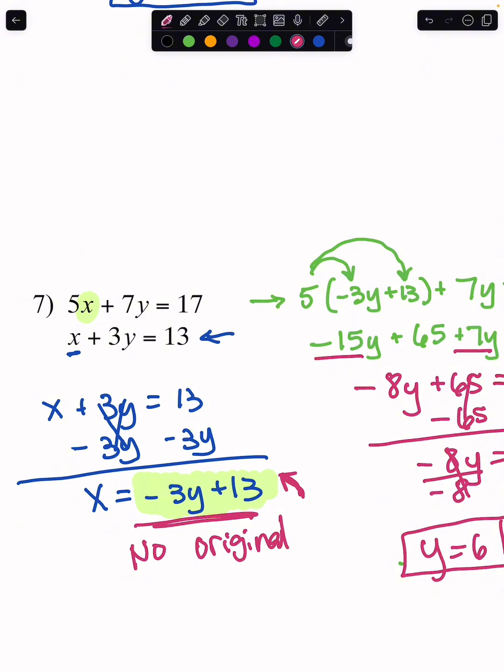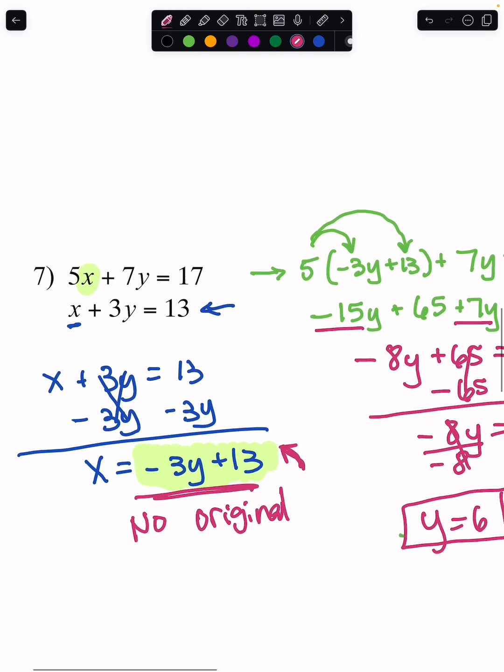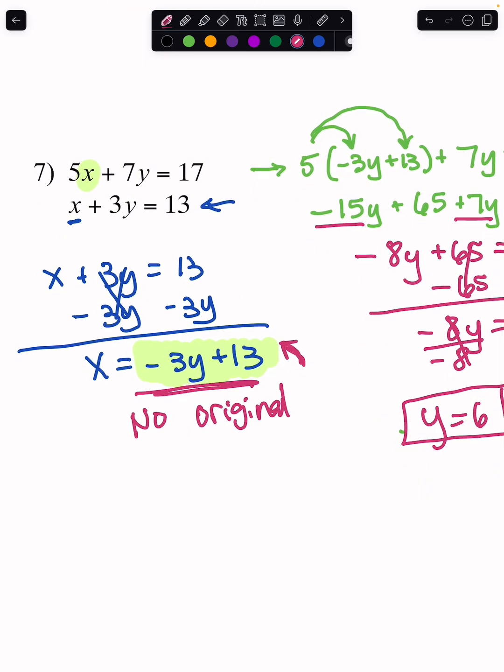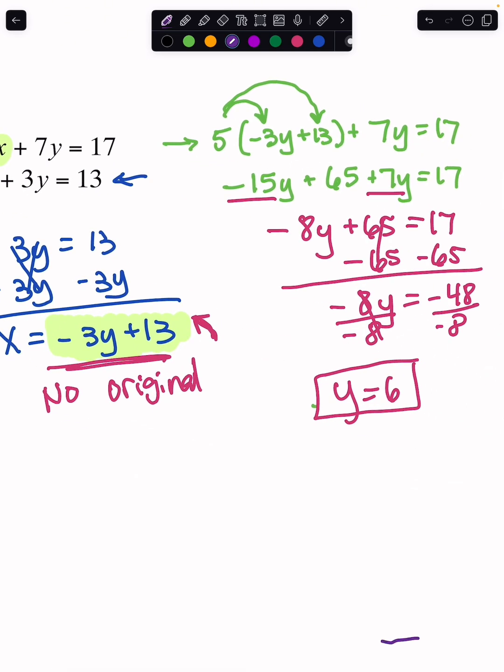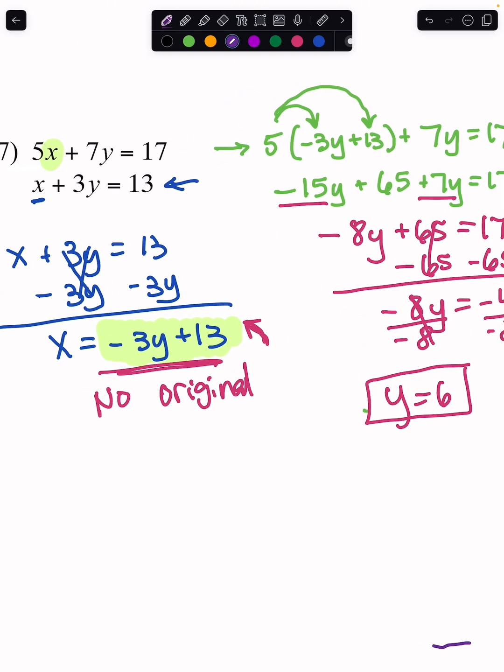So I got, let's do it right here, x plus 3y equals 13. And I'm going to drop this y right here. X plus 3 times 6 equals 13. X plus 18 equals 13.